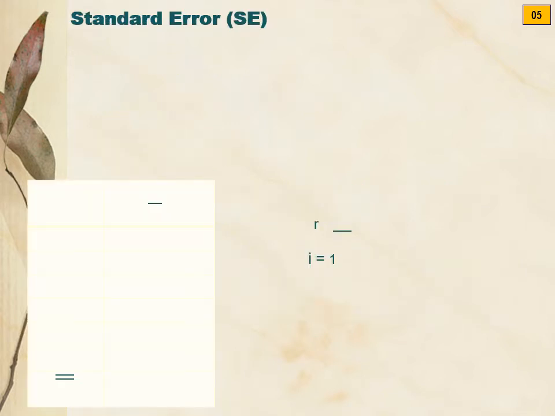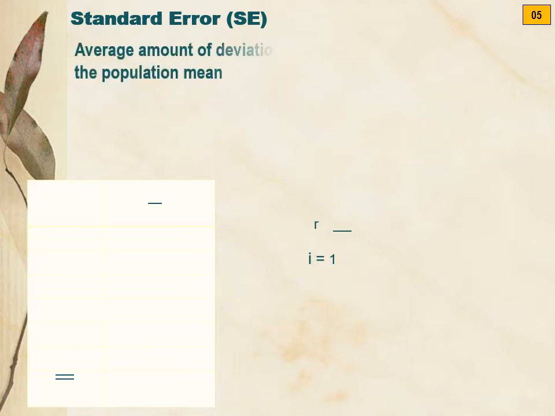Slide number 5. Standard error. Actually, it is the average amount of deviation of different sample means from the population mean. Suppose, let us take an example. Suppose our population is the number of students in your class.